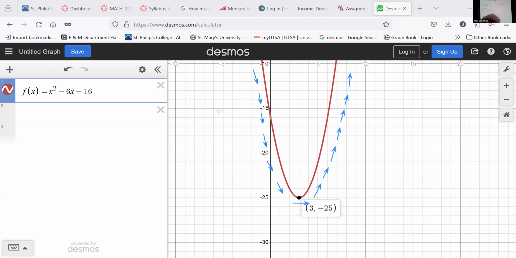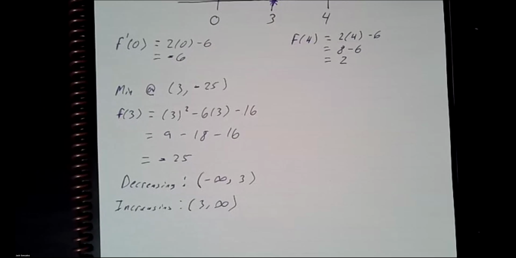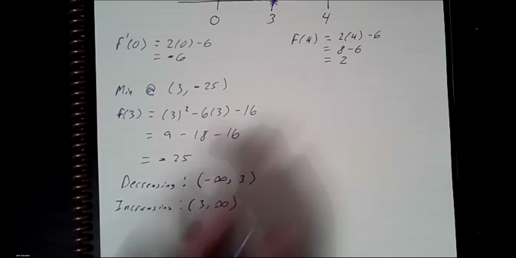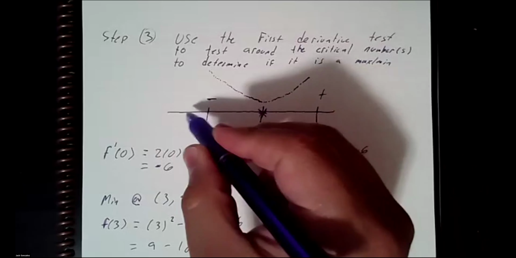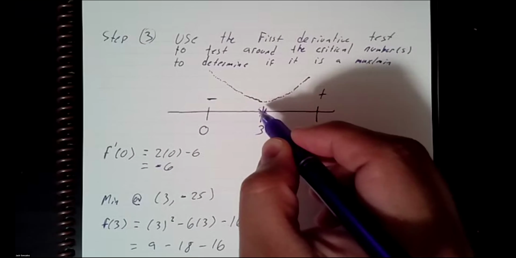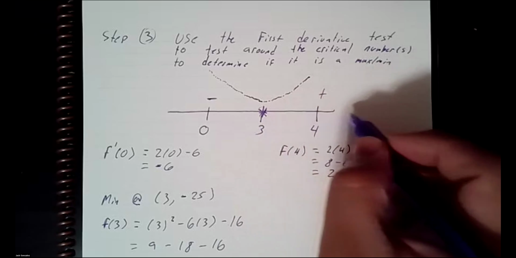And then right after 3, we're increasing, right? And we continue to increase after 3. Does that make sense? We can see it here, right? Negative infinity till 3, decrease. 3 to infinity, increase.